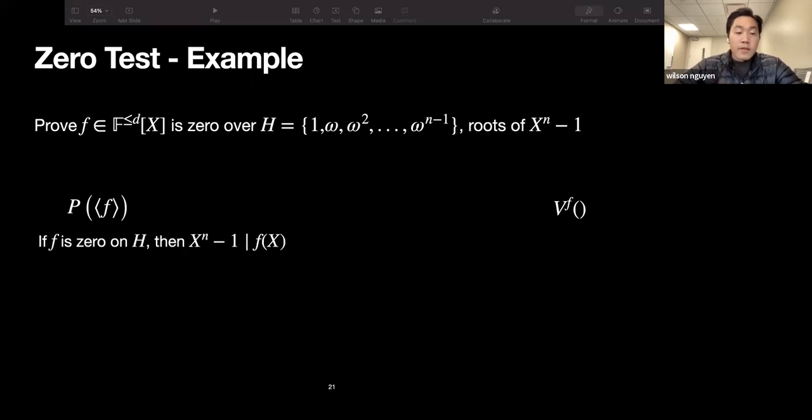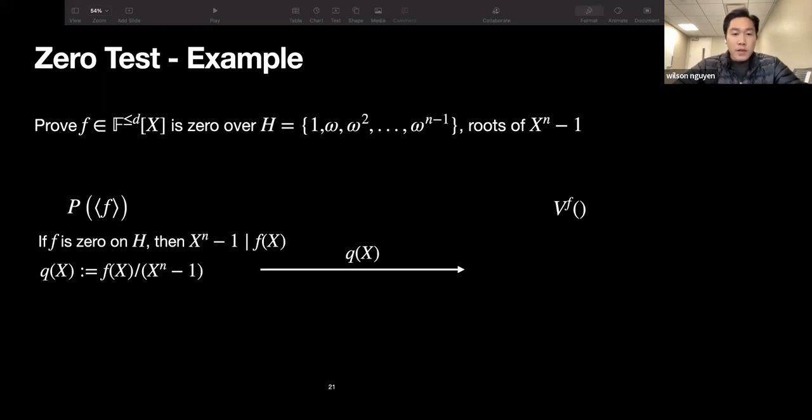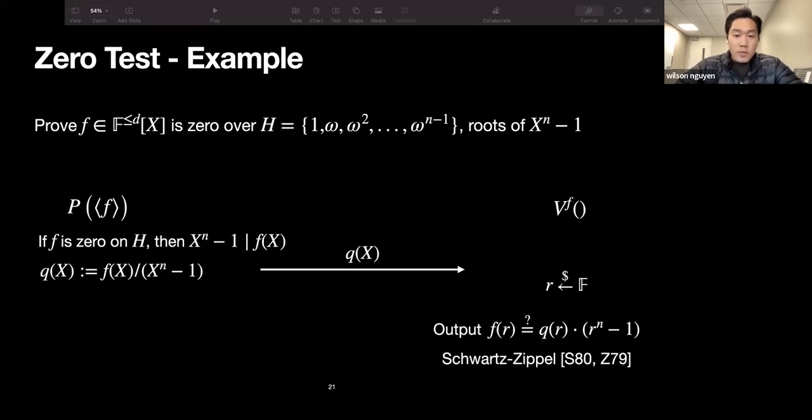If indeed f is actually 0 on H, then it can divide f of x by x^n minus 1 and compute a quotient, which it sends over to the verifier. The verifier then samples a random element r from the field, and checks the following identity. It queries f and q on the random value r, and also computes the vanishing polynomial evaluated on r. If this identity holds, the soundness of the test overall holds by the Schwartz-Zippel lemma.